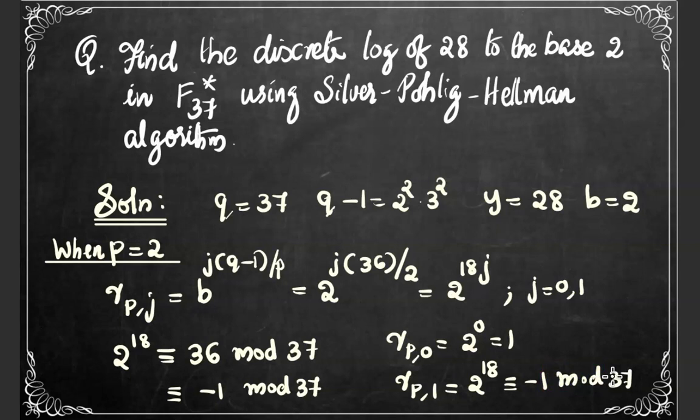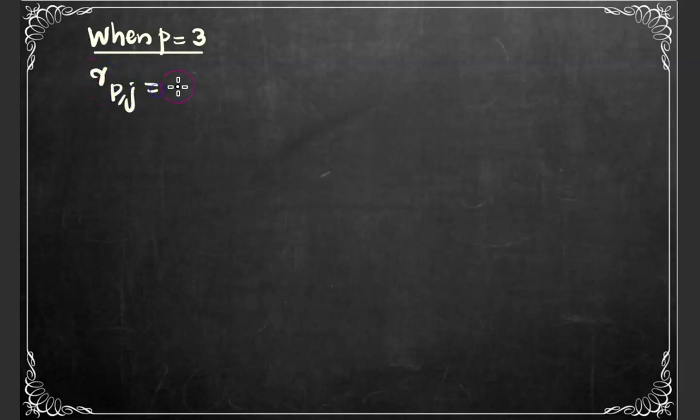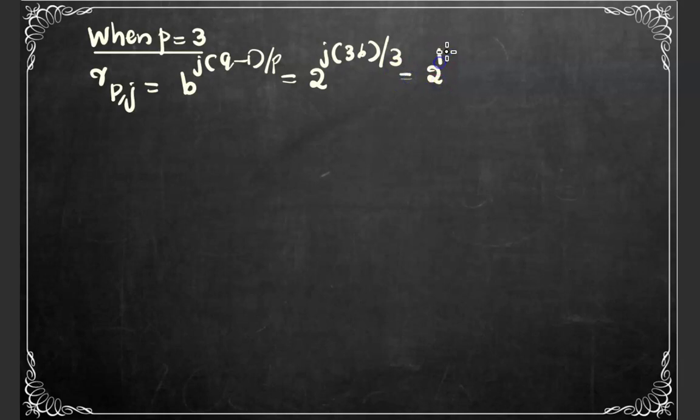Now let us consider the next prime divisor 3, that is, consider the case when p is equal to 3. Then r_3j is given by b raised to j into q minus 1 by p, and that will be equal to 2 raised to j into 36 divided by 3, which is 2 raised to 12j.